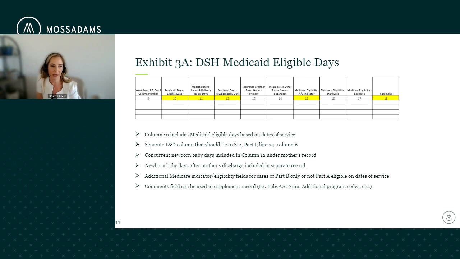You can still claim patients who have Medicare Part B eligibility, and you can claim them if they're Part A eligible, just not on their dates of service. So if they became Part A eligible well after their stay, those would also be allowable. They just want you to populate that information, saying yes or no as an indicator, and then the start and end dates for that Medicare eligibility.